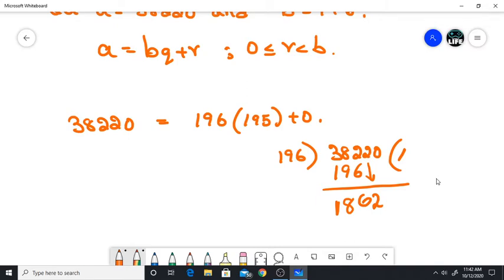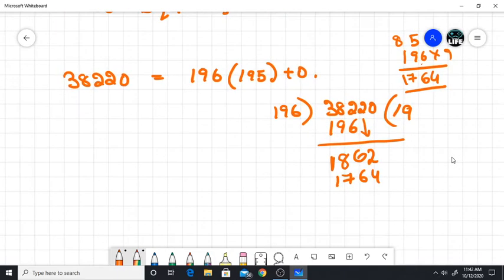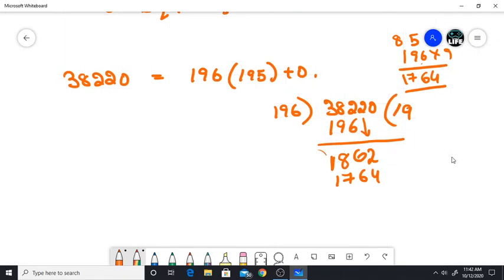Now 196 into 9 times gives you 1764. Now subtract it.